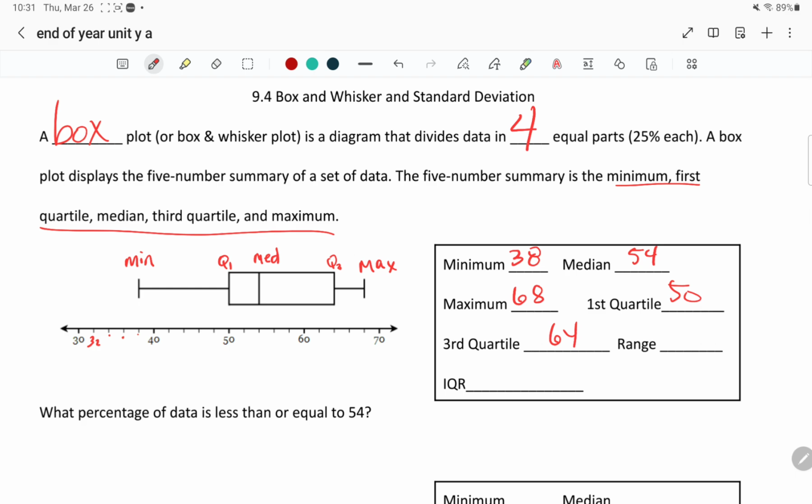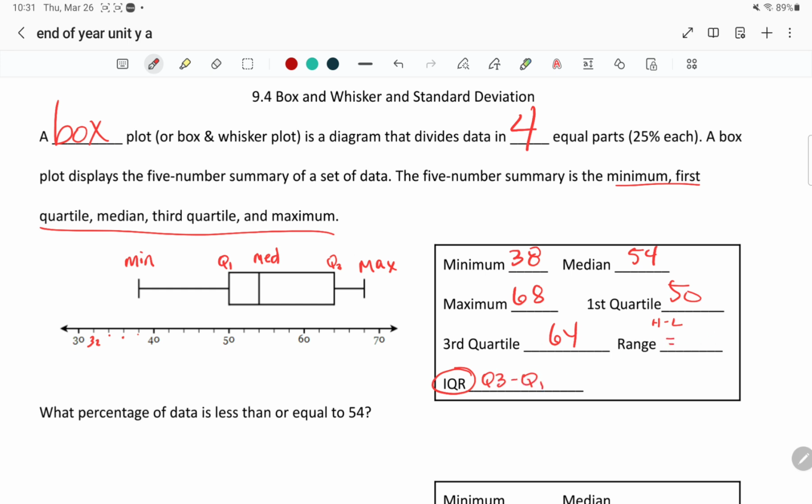Range and interquartile range, that's IQR. Interquartile range, you gotta do a little bit of math for it. Range is highest minus lowest. Interquartile range is quartile 3 minus quartile 1.